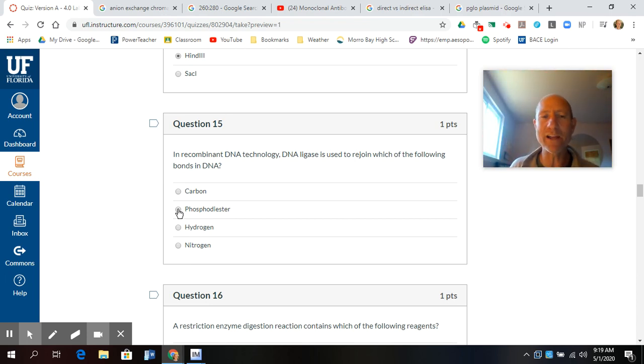The sugar phosphate backbone is linked by a bond called the phosphodiester bond, and that's what the enzyme called DNA ligase does, it forms that phosphodiester bond.